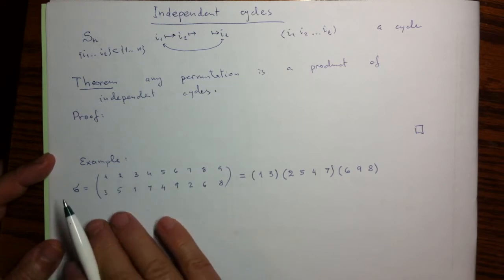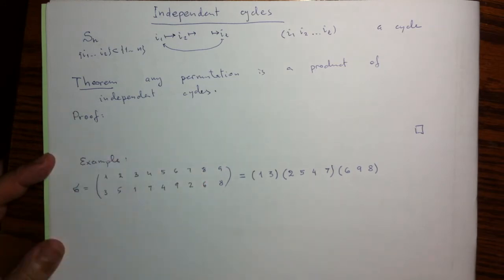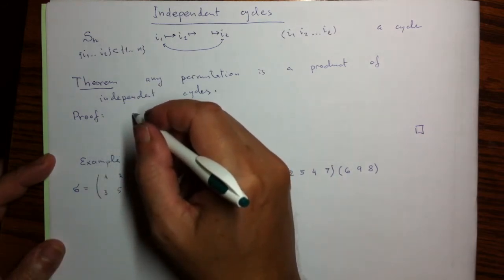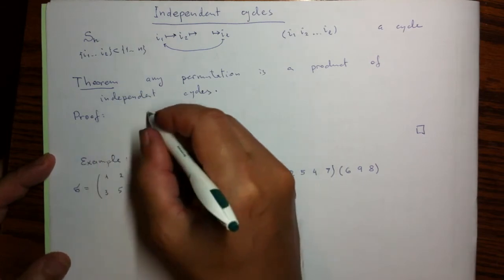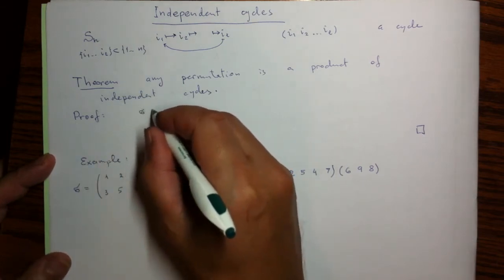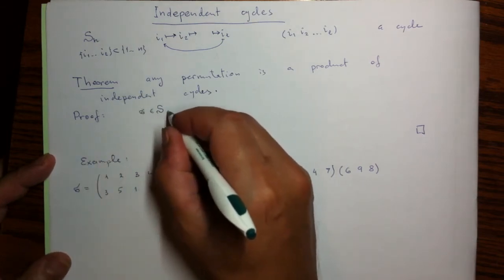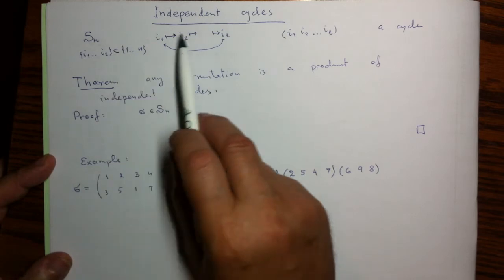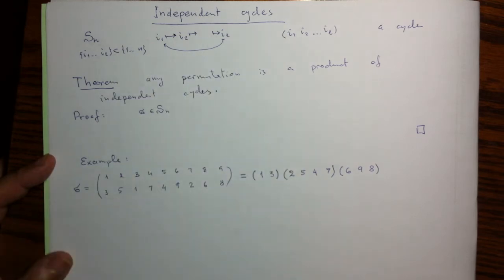I will now try to make a general argument which will work for all permutations independently. It will be with this general scientific sort of trick of using equivalence relations. Let's imagine a permutation we are decomposing into independent cycles. So take some permutation sigma, and how to see these sets on which these independent cycles operate?